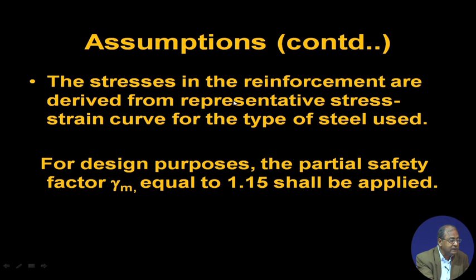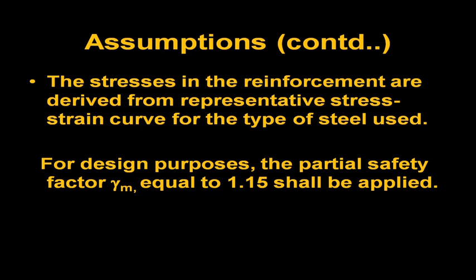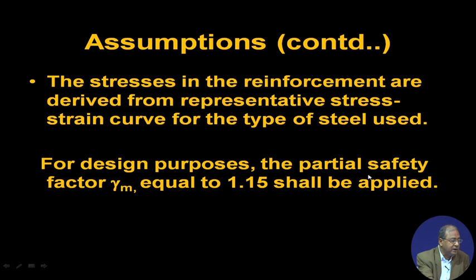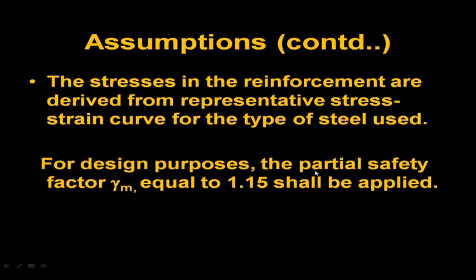The stresses in the reinforcement are derived from the representative stress strain curve for the type of steel used. So, which type of steel you have used is dependent on that. For design purposes, the partial safety factor: last time in working stress method, certainly I told you partial, but no, that partial we are not going to use for working stress method, but here we are going to use the term partial.